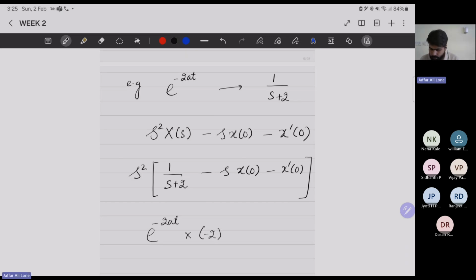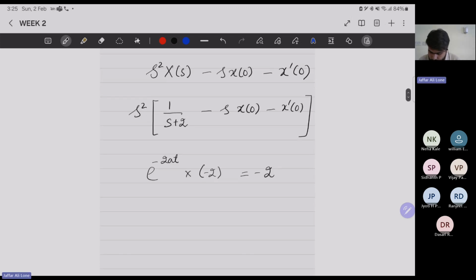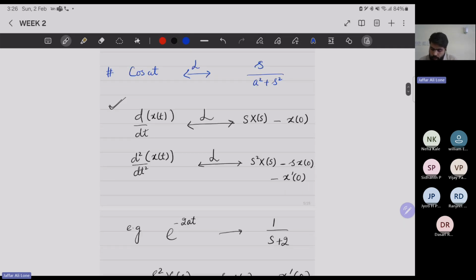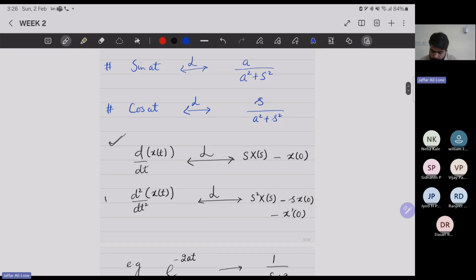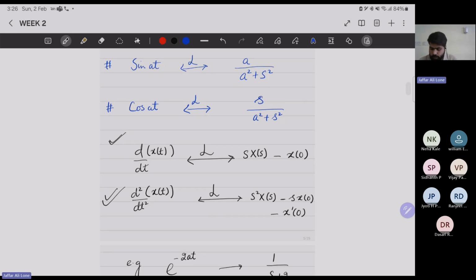When we put t equal to 0, it will be minus 2. Then putting these values above, it will be s square into 1 divided by s plus 2 minus s into 1 plus 2. So this will be the required answer using this property. Using this property, we have solved this.